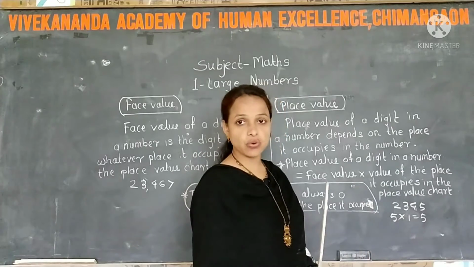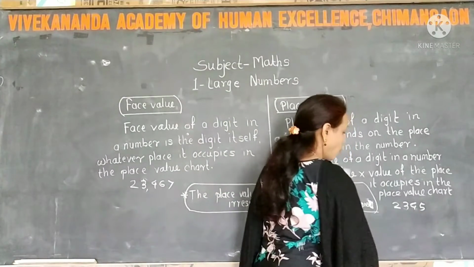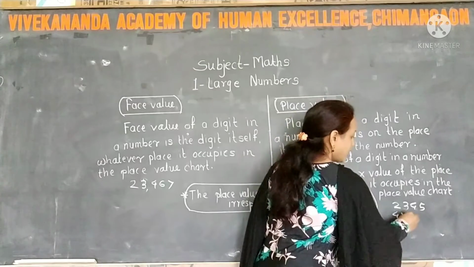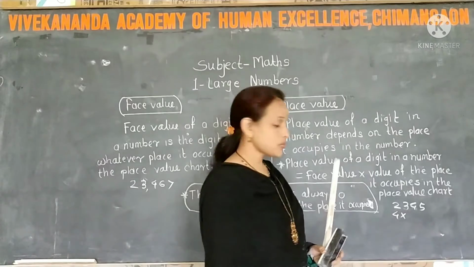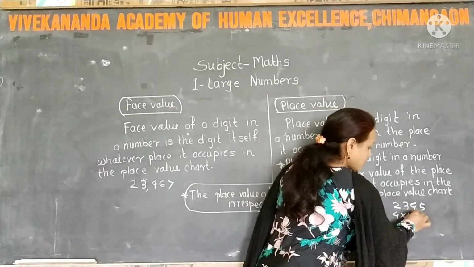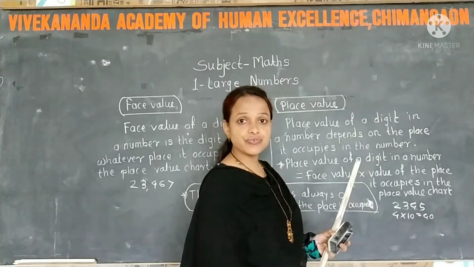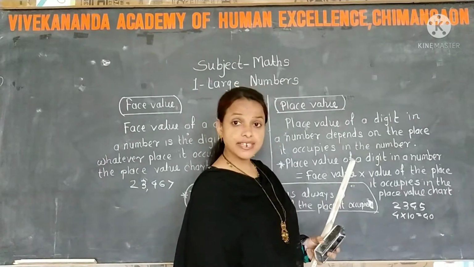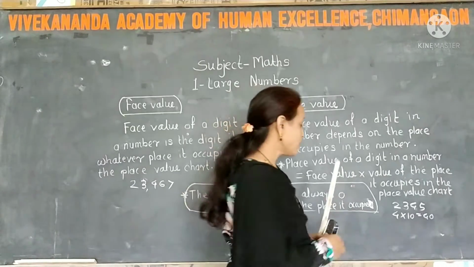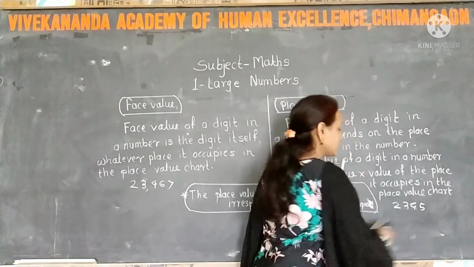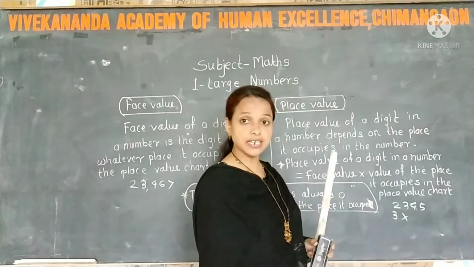Next digit is 4. Here face value of 4 is 4, and the value of the place it occupies is 10. So 4 multiplied by 10, we get 40. So place value of digit 4 is 40. Next digit 3. At which place is it? 100's place. Face value of 3 is 3, and the value of the place it occupies is 100.